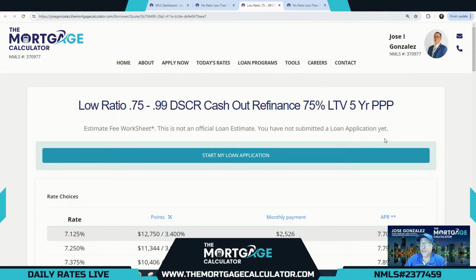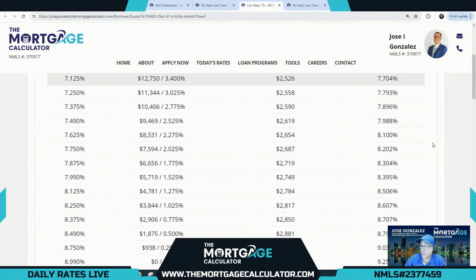So this is a very unique opportunity here where the loan to value on a product as outside the box as this one is the same for a purchase and a refi, right? Low ratio DSCR, 0.75 to 0.99, 75% LTV.